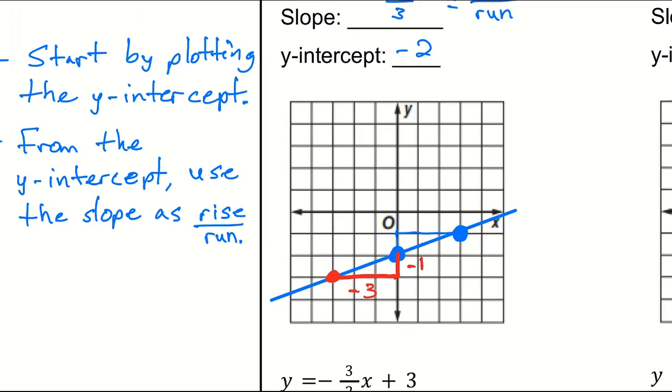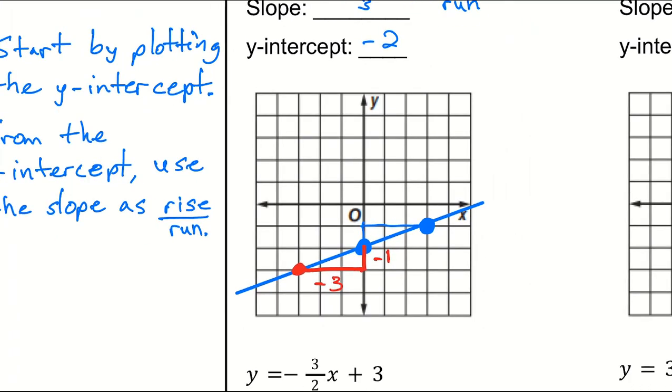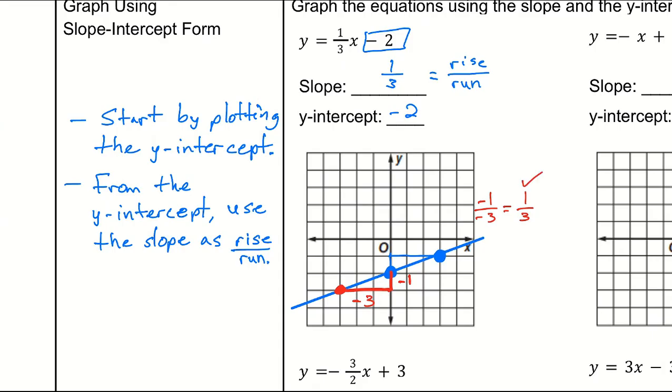The reason that this works is because since slope is rise over run, we would have negative 1 over negative 3, and a negative divided by a negative still gets us a positive. So our slopes are still the same. But that's it. You just really need 2 points. I would encourage you to put more, because the more points that you have, the straighter your line is going to be.